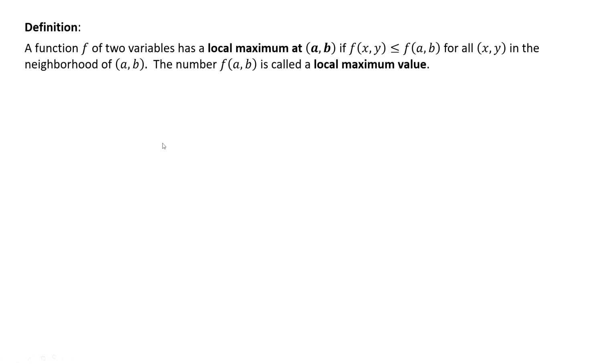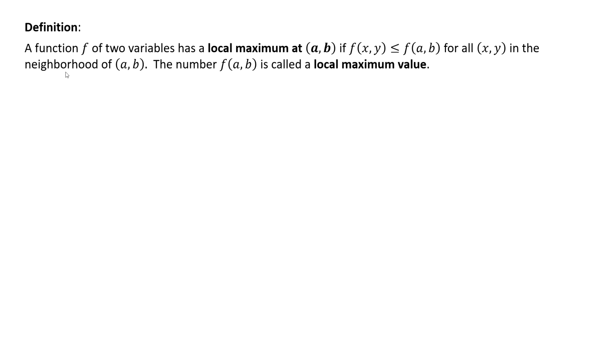A function f of two variables has a local max at (a, b), the ordered pair, if f of (x, y) is less than or equal to f of (a, b) for all (x, y) in the neighborhood of (a, b). Over there in Cal 1, when we talk about neighborhood, we simply mean an open interval containing that point, whatever, c or a or whatever.